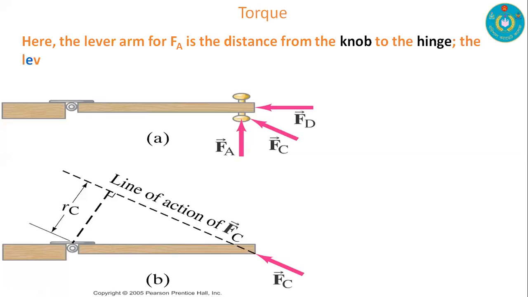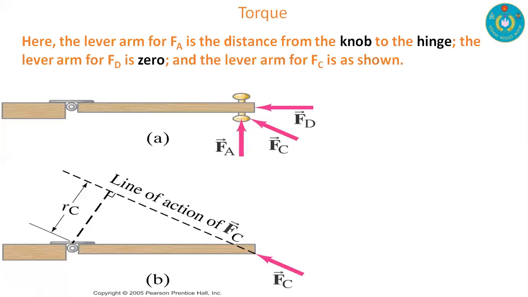Here, the lever arm for Fa is the distance from the knob to the hinge.